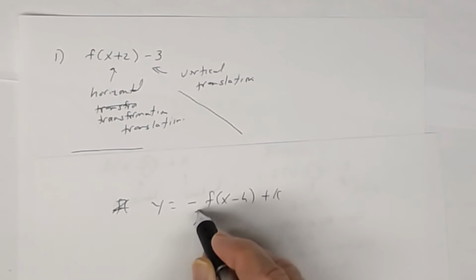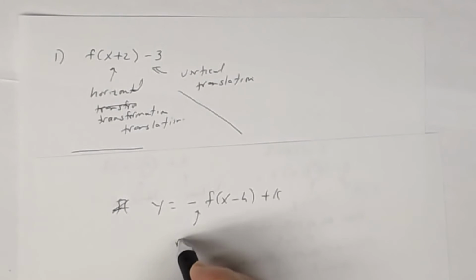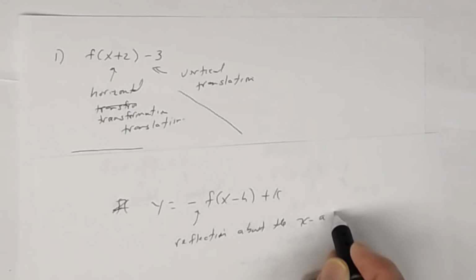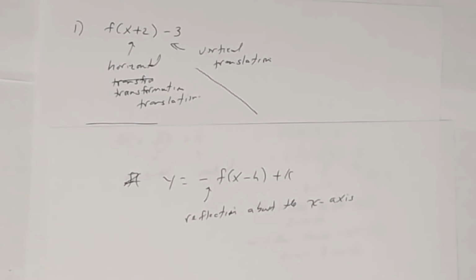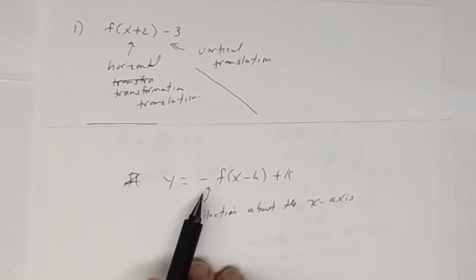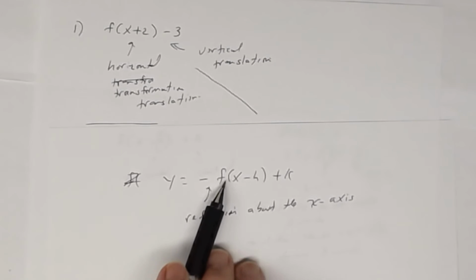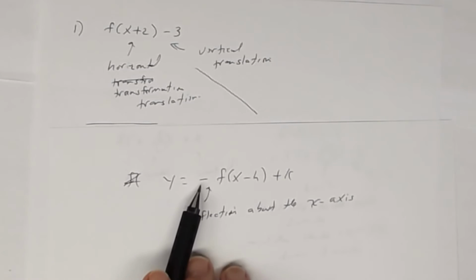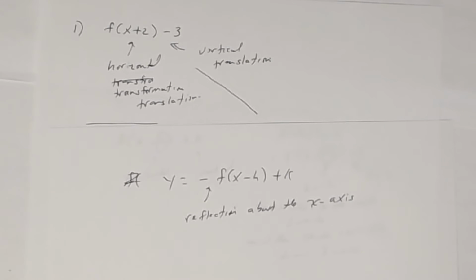That negative out in front is a reflection about the x-axis. You've got to keep that in mind. So that negative out in front of that function, f of x minus h, is a reflection about the x-axis.